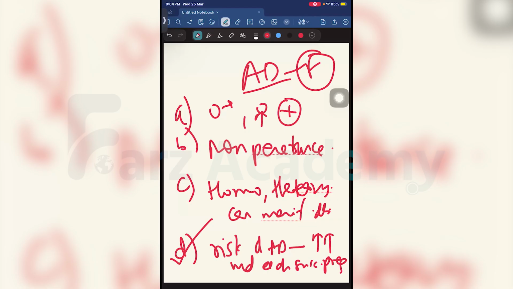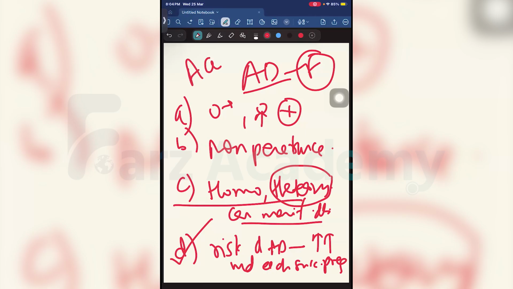Is this true? What is this heterozygous condition of a dominant disorder called? Okay, this is an autosomal dominant condition.